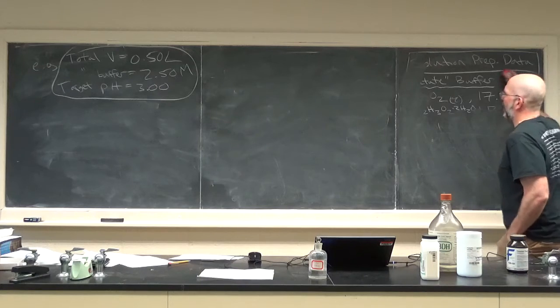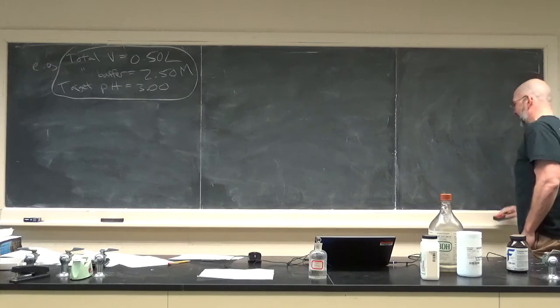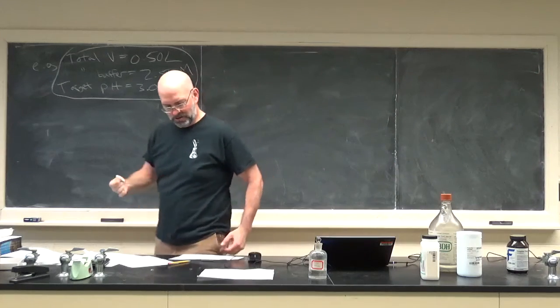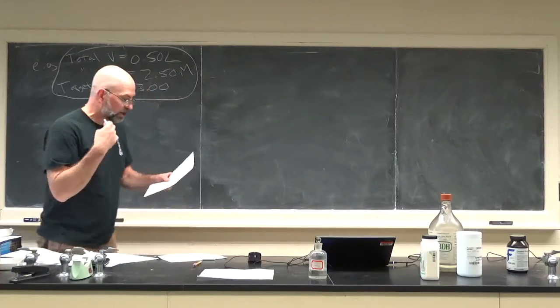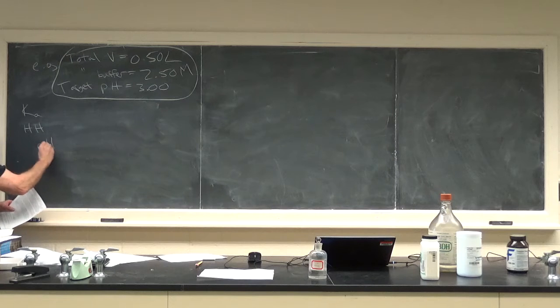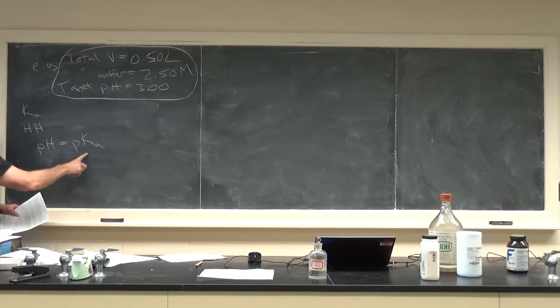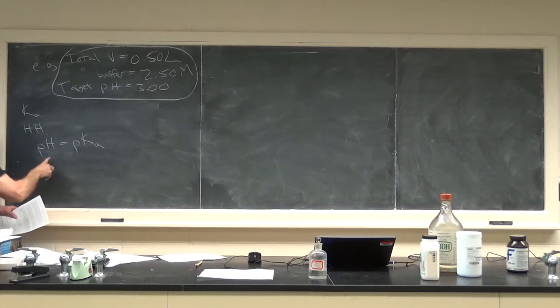So the Ka equation is turned into what's called the Henderson-Hasselbalch equation. I'm not going to derive that right now. It's not that important to do. I just want to see if you can get the math. So we take the Ka equation for a weak acid and we turn it into the Henderson-Hasselbalch equation. And here it is. pH, which is your target pH, that goes here, whatever you're shooting for, is equal to the pKa of the acid that you determined, which was plus or minus 1 of your target pH.